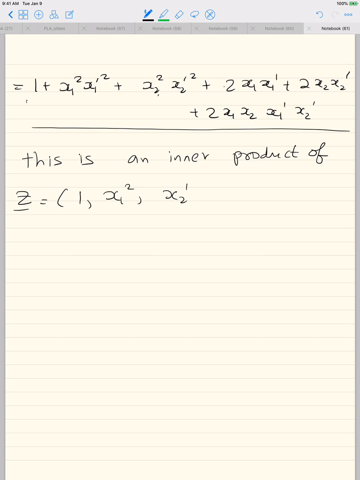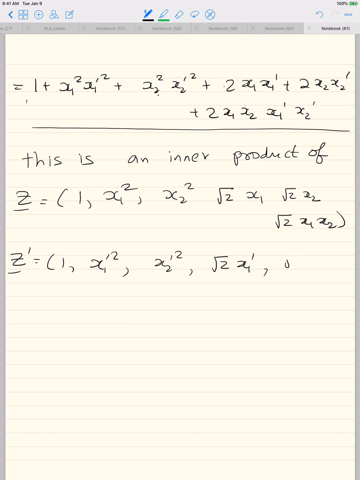If we had this term, but we put in just a square root 2 here, and z prime to be 1, x1 prime square, x2 prime square, root 2 x1 prime, root 2 x2 prime, root 2 x1 prime x2 prime.